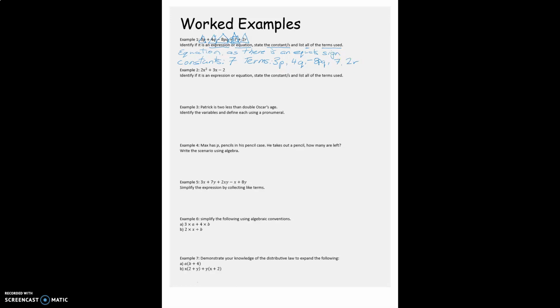Second question asks us to identify an expression or an equation, state the constants again, okay, and list all of the terms. Okay, so very similar to the last one. So this time we identify that there are no equal signs, so therefore it is an expression. And I'll justify my answer as there is no equals sign.